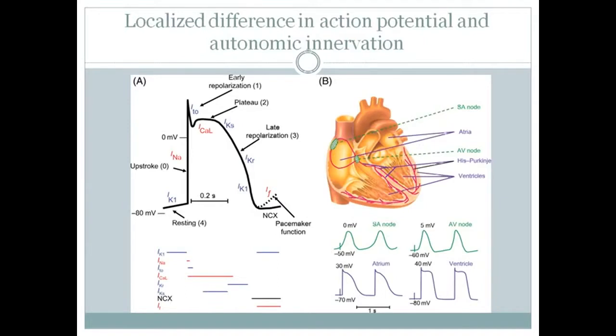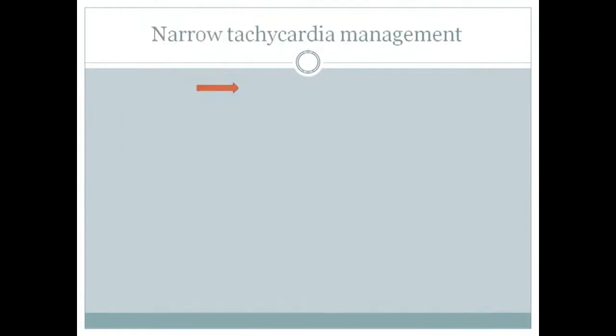So when I give beta blockers, what I'm doing is taking away the opposition of the parasympathetic system. It's going to slow down the conduction, the same as giving a calcium channel blocker. You guys need to understand this. This is what we're doing in clinical practice, and why things work.